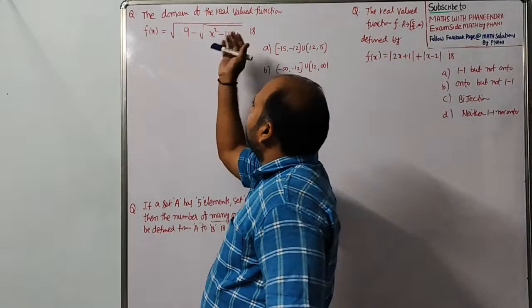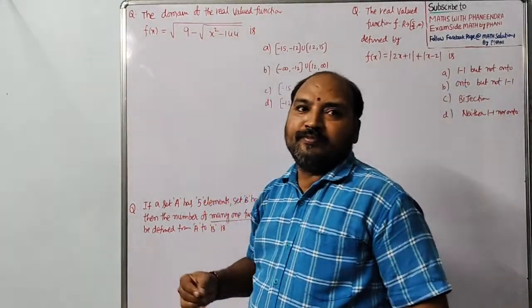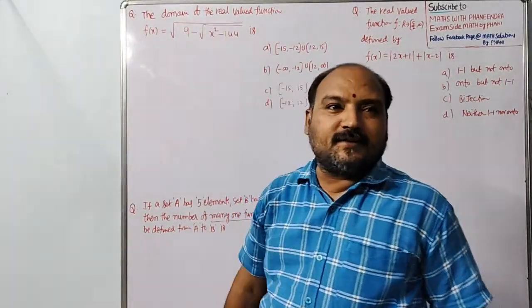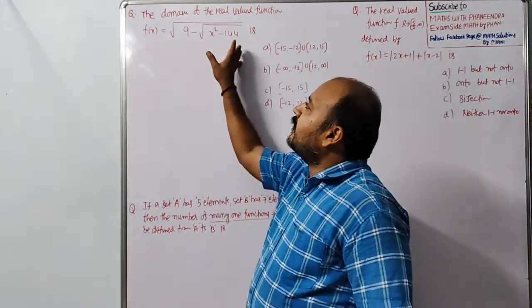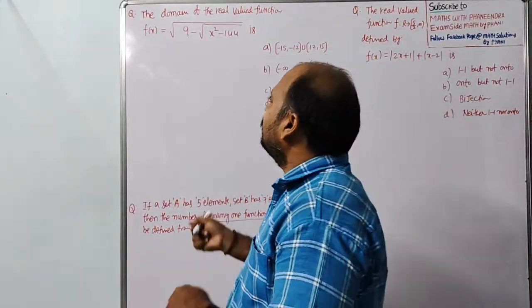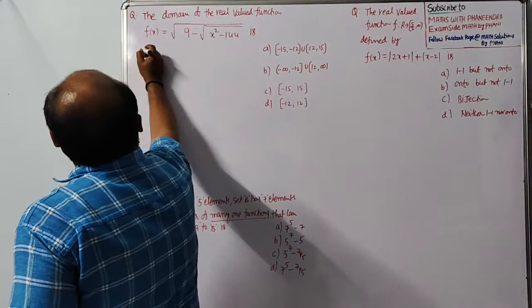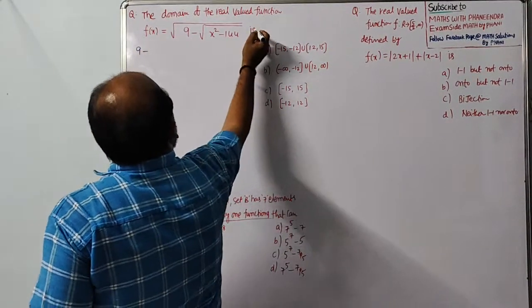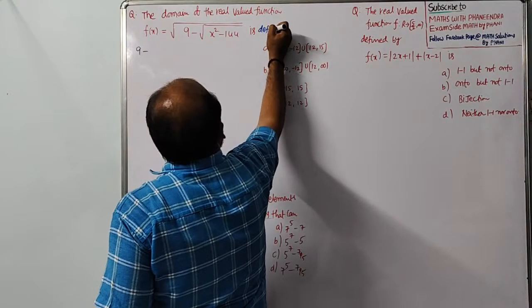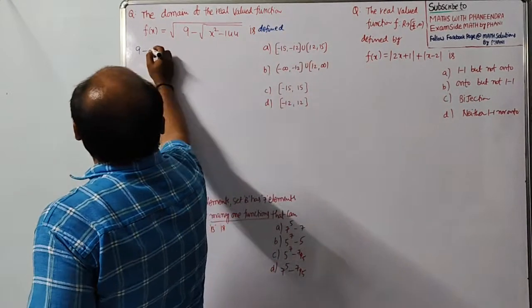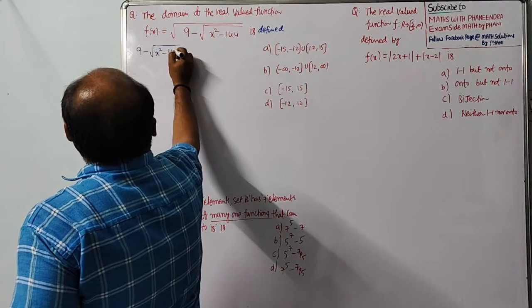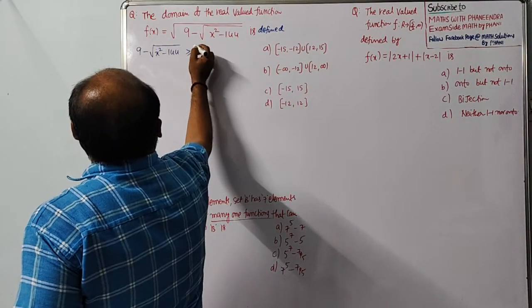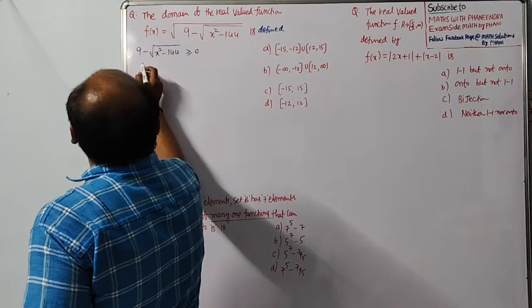So the domain of the real valued function, how? A root f of x means a root f of x is defined always greater than or equal to 0. So 9 minus square root of x square minus 144 is greater than or equal to 0.